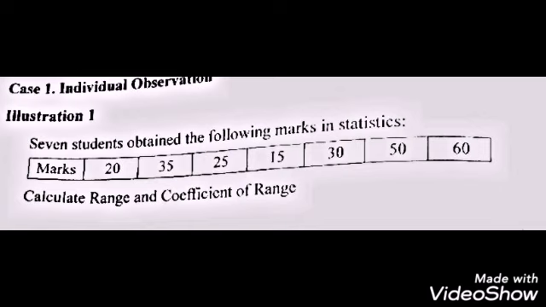Range is equal to 60 minus 15 is equal to 45 marks. Coefficient of range is equal to L minus S divided by L plus S is equal to 60 minus 15 divided by 60 plus 15 is equal to 0.6.